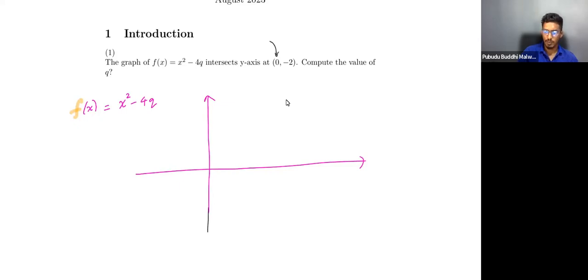If you observe that point, x equals 0 and y equals -2. That point is very important. I can mark that somewhere here on the y-axis because the x value equals 0. Let's say point q.